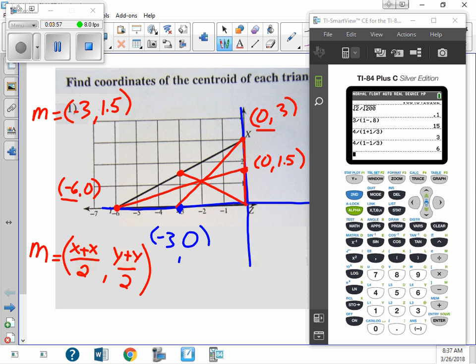Well, what do we know about the centroid and the medians? We know something about the lengths of the medians and the position of the centroid. Okay, they're all going to meet, that's true. But what do I know about the lengths of the medians?